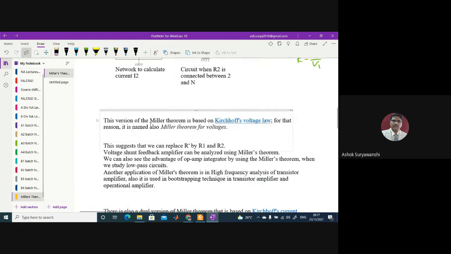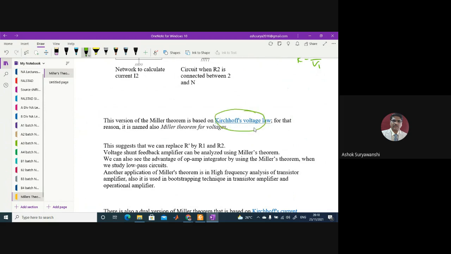Okay, so this version of Miller's theorem is based on Kirchhoff's voltage law. These values of ZMI or ZMO or Z1 or Z2, ZMI on the input side, ZMO on the output side, or it is called RMI, RMO, these values which you are getting for these elements are based on Kirchhoff's voltage law.